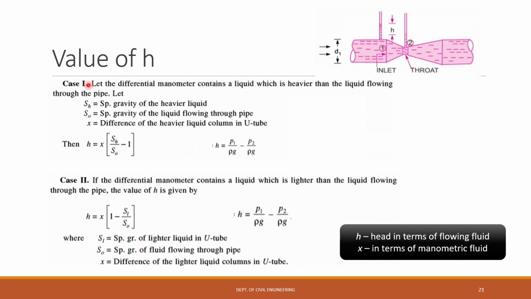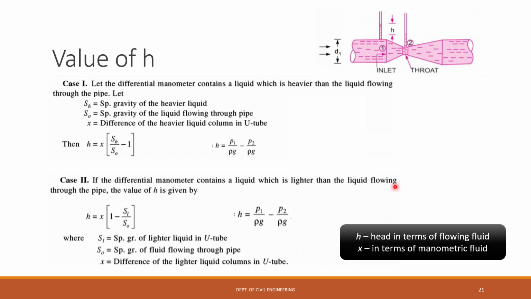So these are case 1 and case 2. As I told you previously, H is the head in terms of the flowing fluid, whereas x is in terms of the manometric fluid. In the equation, we should be substituting the value of H. But in most questions, x will be given. We have to find H in order to find Q.